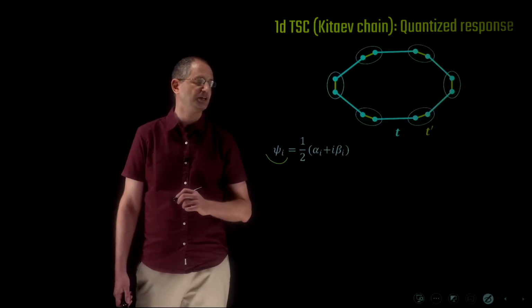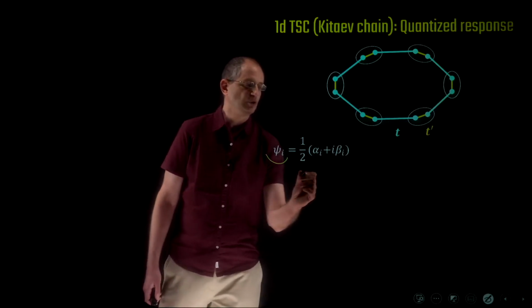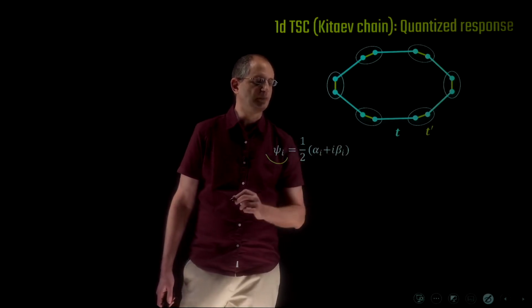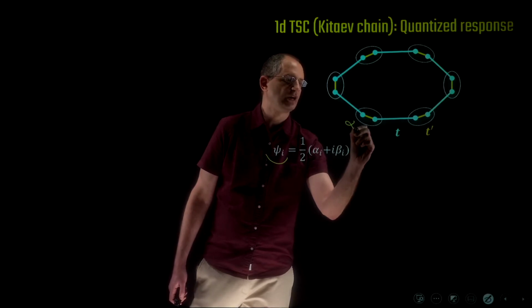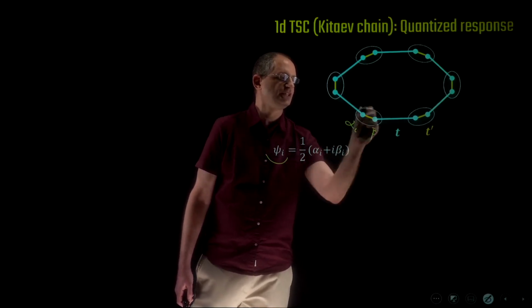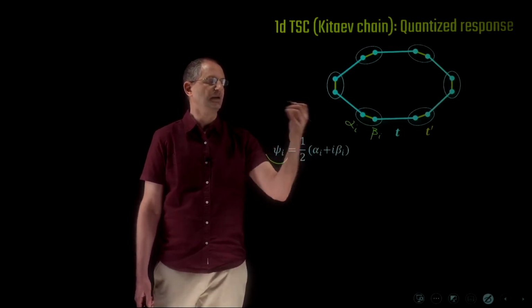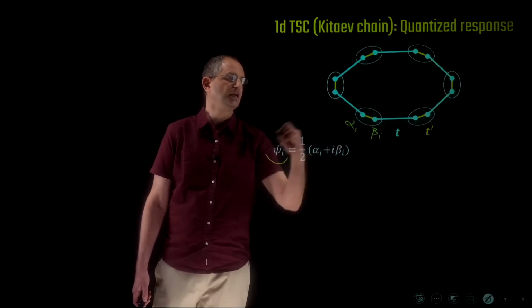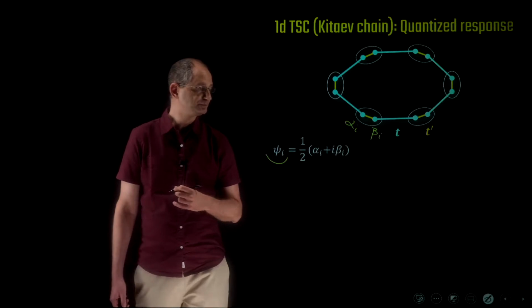This is a complex fermion operator, but rather than working with the complex fermion operator, it's more convenient to work with these two operators alpha_i and beta_i. So these are two Majorana operators. Okay, so on every site, a single fermionic state that can be empty or occupied is labeled by two Majorana operators, alpha_i and beta_i.